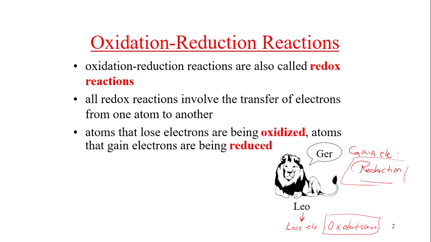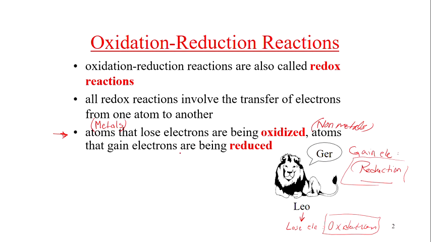Nonmetals gain electrons. So when we say atoms that lose electrons, it means we talk about metals. Metals lose electrons and are oxidized. Atoms that gain electrons are nonmetals, and they are reduced. So it looks like we may have a reaction between metal and nonmetals.